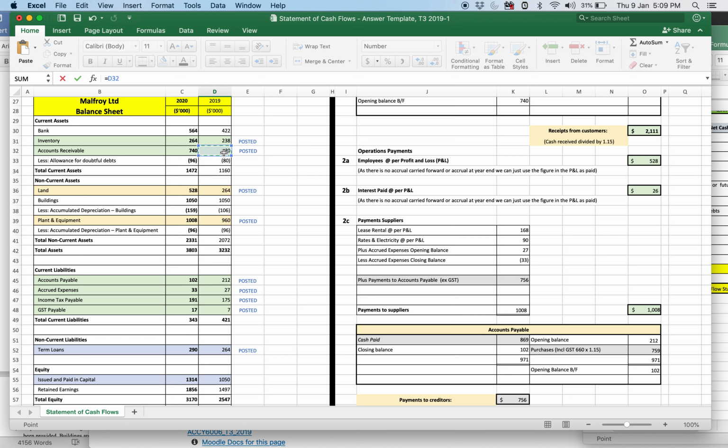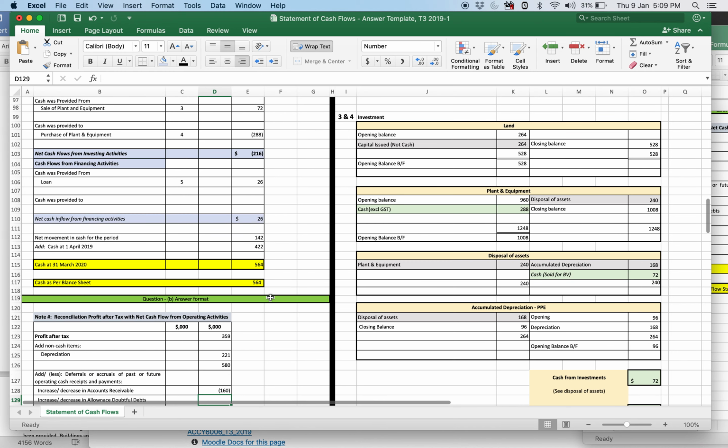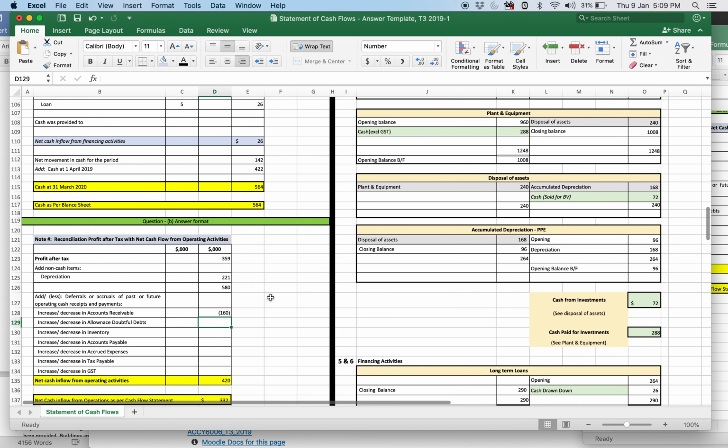Our accounts receivable has increased, so that means there's $160,000 worth of sales we have not received. So you just got to think it through.